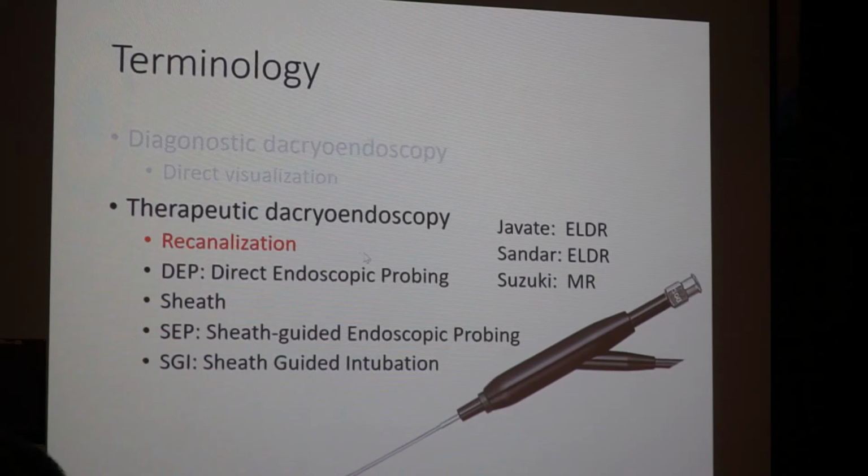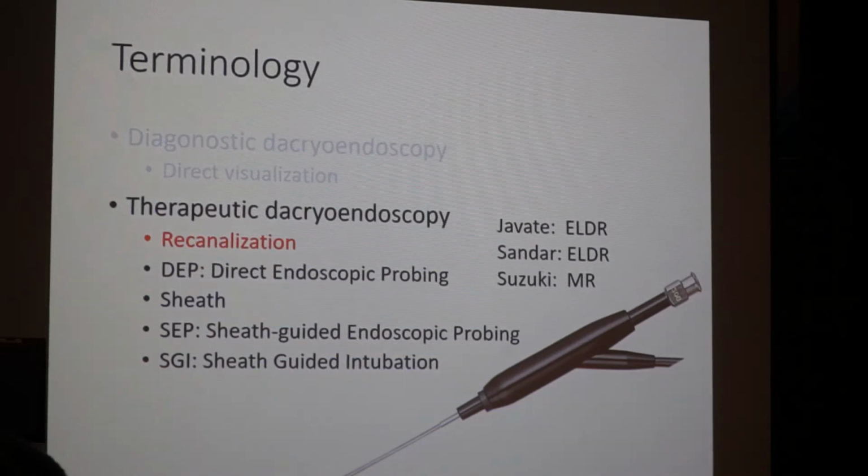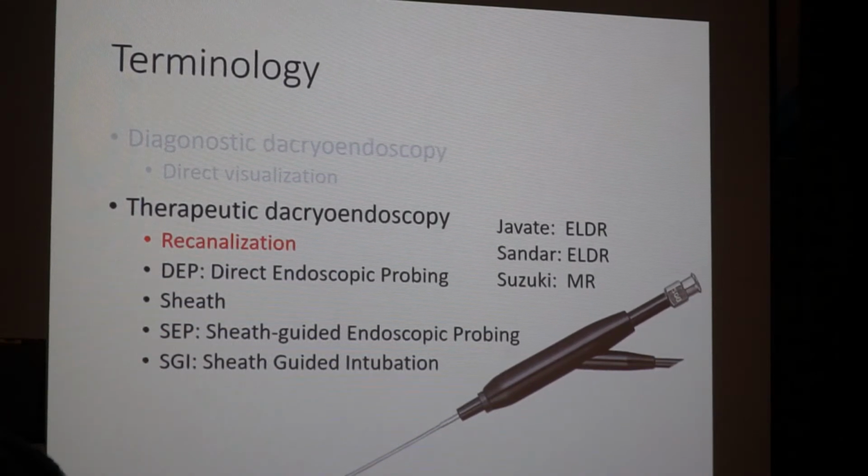Exactly speaking, Dr. Hubbard, based in Manila, called his procedure ELDR, or endoscopic lacrimal duct recanalization. Dr. Sander in Singapore calls it endoluminal lacrimal duct recanalization. Sometimes I use microendoscopic recanalization. A little bit different according to the surgeon, but the keyword is recanalization.